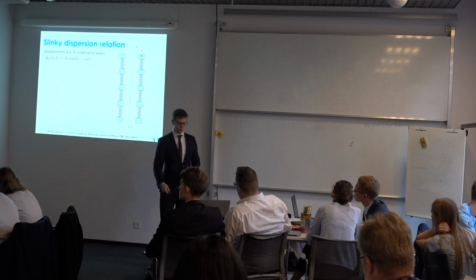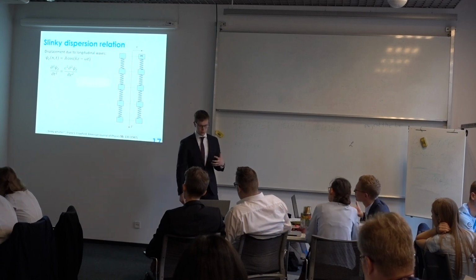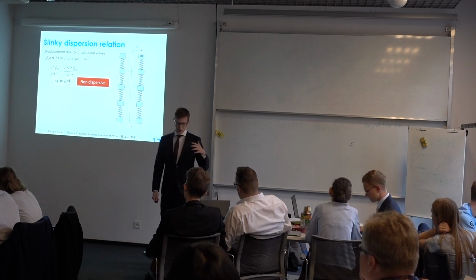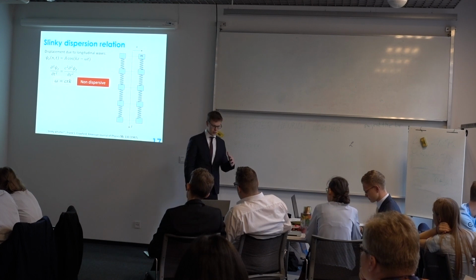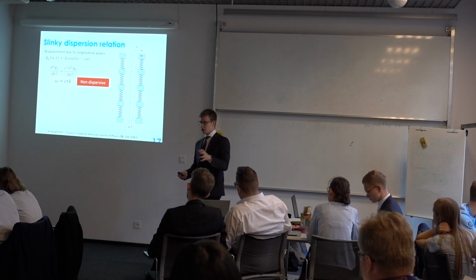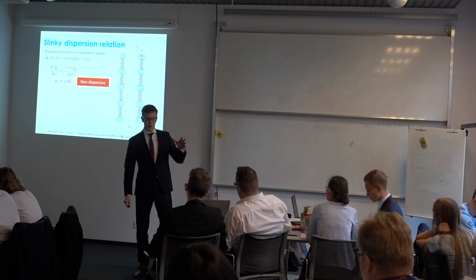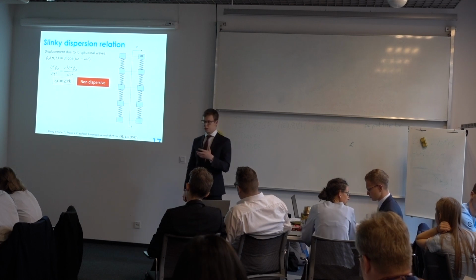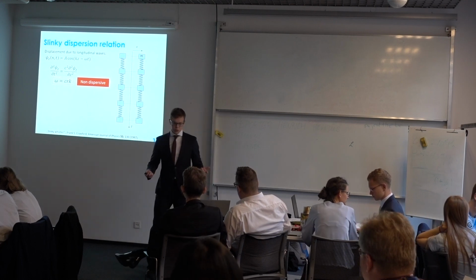By examining this model, we'll find that the dispersion for longitudinal waves is a linear dependency, so omega to k, where k is the wave number and omega the frequency, is linear. Therefore, that sound is non-dispersive. So, what will the sound be?